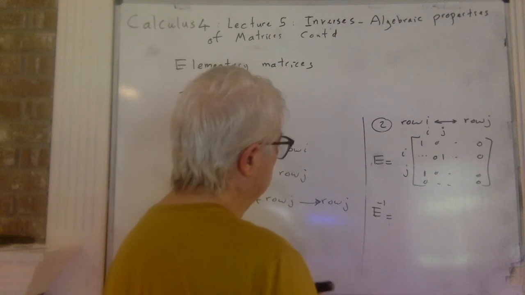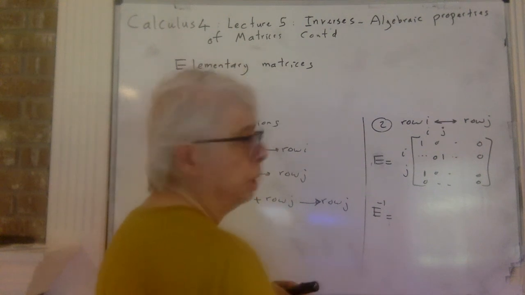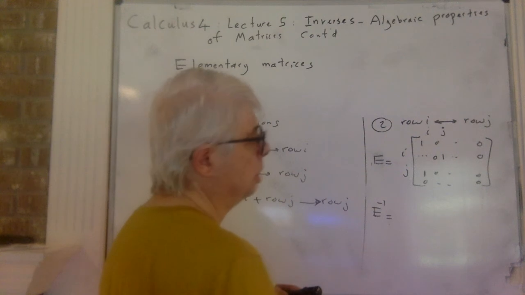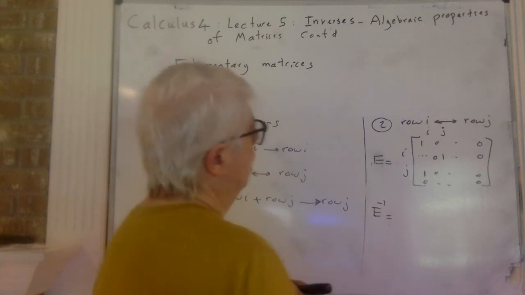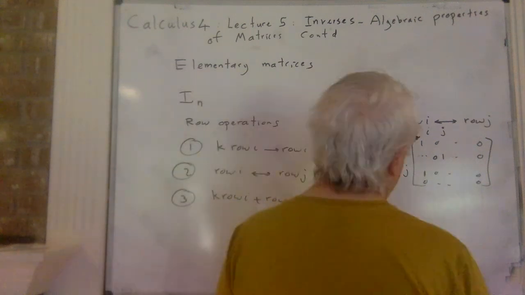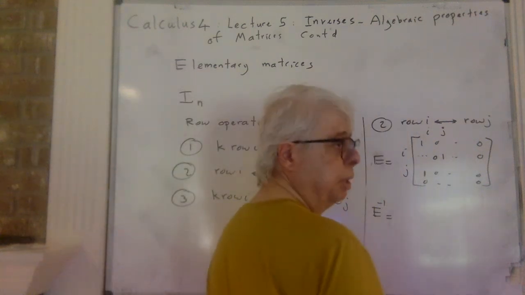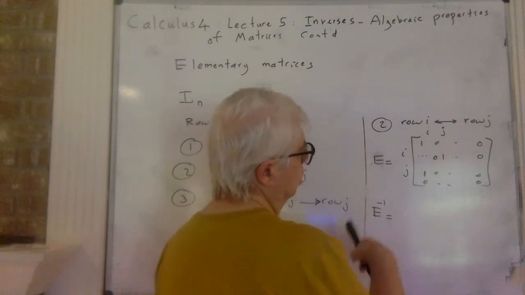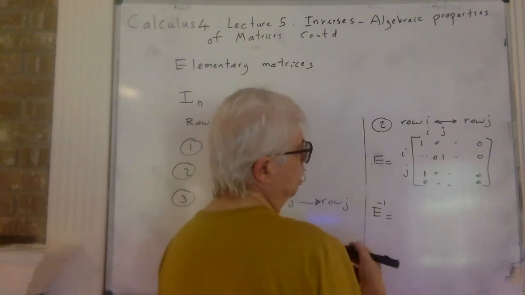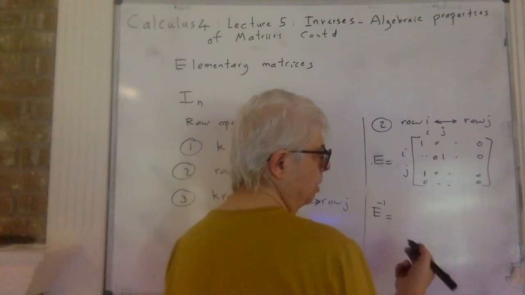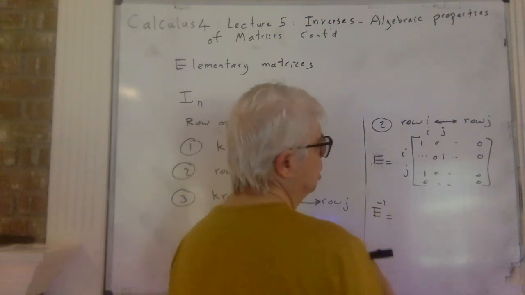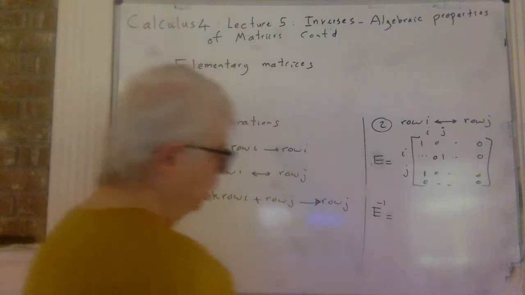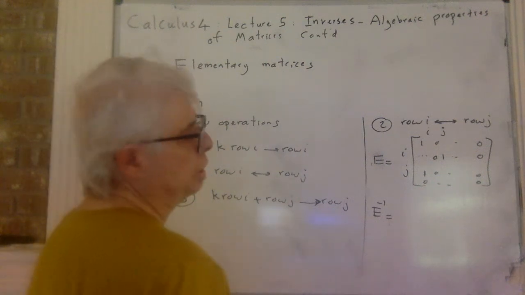Okay, so that is in fact the same thing. So do the same thing and it goes back. If you apply the same thing, it goes back, right? So the inverse of this thing is itself. Yeah, right. So the inverse is itself. This is an amazing situation that a matrix is its own inverse.